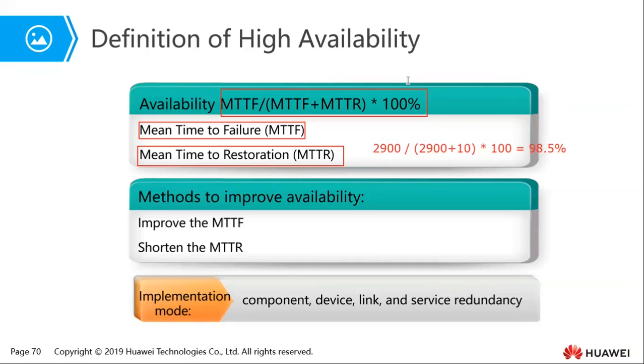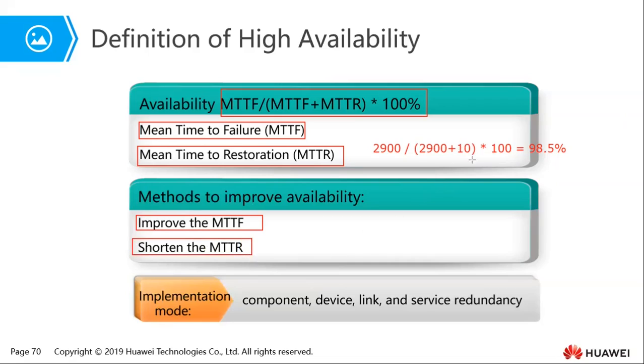Now, in order to ensure high availability of your network, you need to improve MTTF. So if it was 2,900 out of 3,000, then you need to increase it to 2,950. So you need to improve on it. On the other hand, you need to shorten the MTTR.